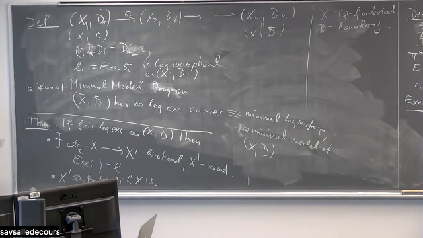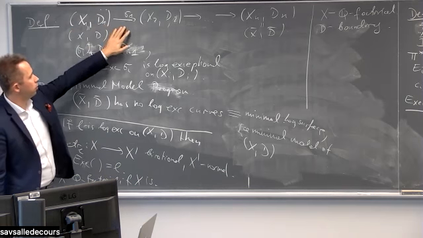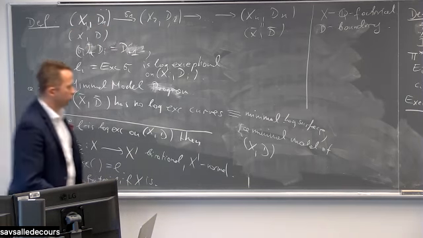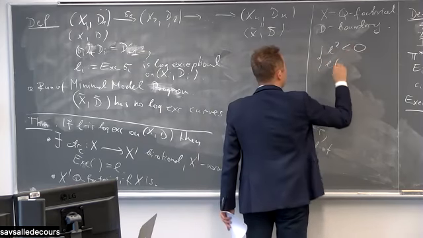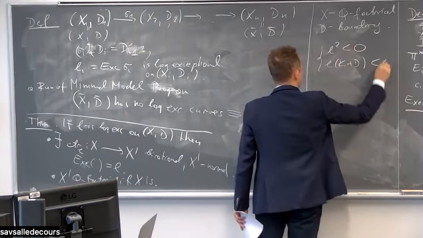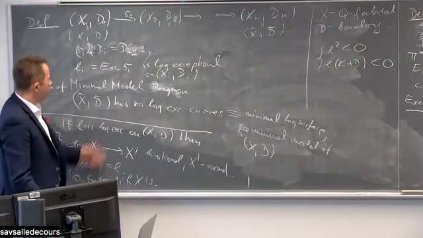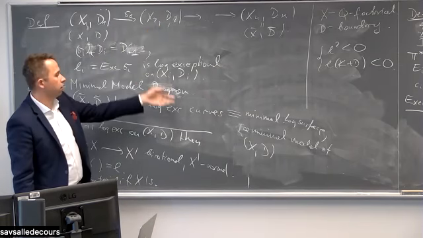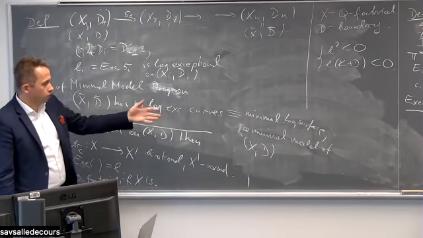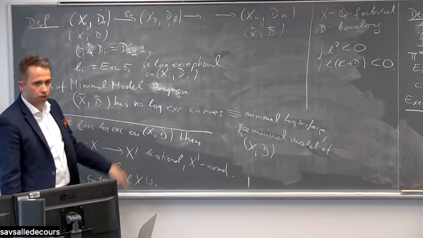And now this makes sense. So I start with something Q-factorial. I'm looking for a log exceptional curve. Remember, this was L squared negative and L times (K + D) negative. If I can find such a curve, then the theorem tells me there exists a contraction. The image is still Q-factorial. I just push, make a direct image of the boundary, so the coefficients are the same.